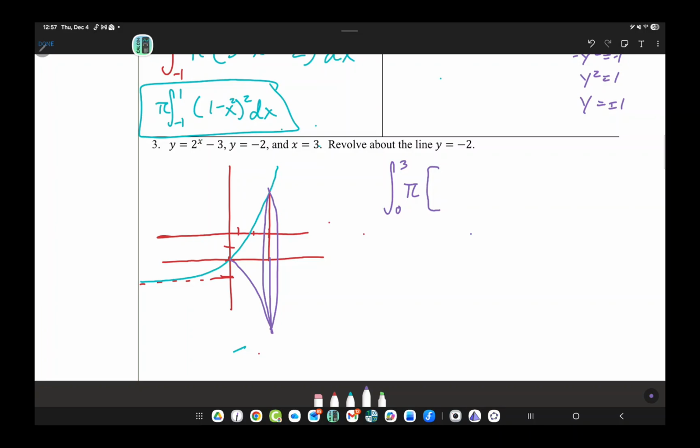It's always what's furthest from the axis, -2, minus what's closest to the axis, 2 to the power of x minus 3, squared dx. So again, it's always what's furthest from the x-axis, or whatever axis you're looking at, minus what's closer to the x-axis.